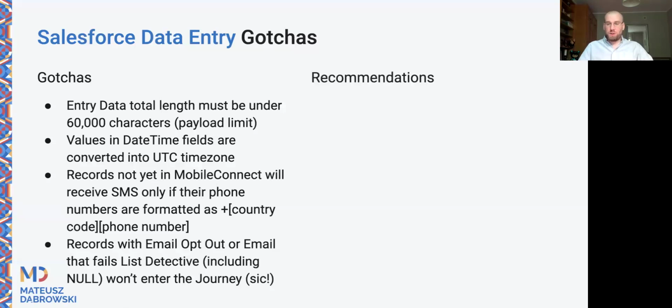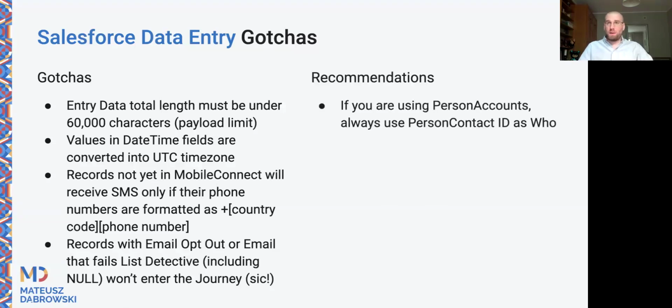Okay, recommendations. One, as I already mentioned, you can use personal accounts, but always use the personal contact ID rather than the account ID for the who, because Marketing Cloud Connect is using the contacts, leads, and users as the contact IDs, and those are the records that are being created in the all contacts list.